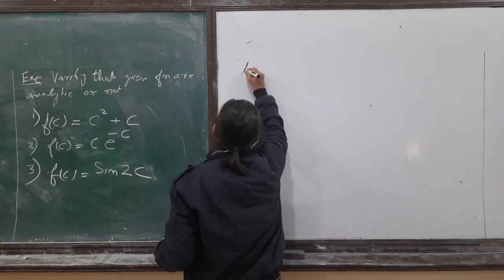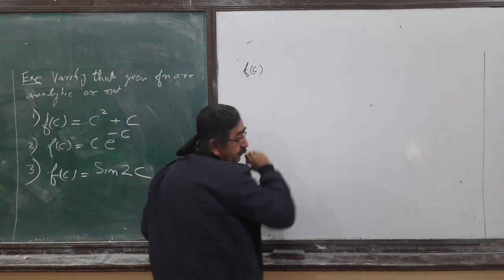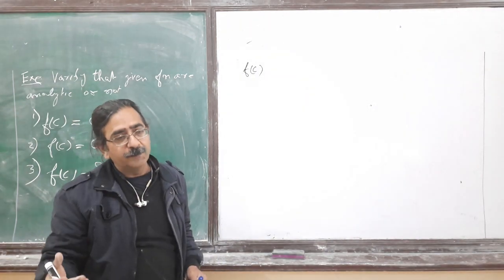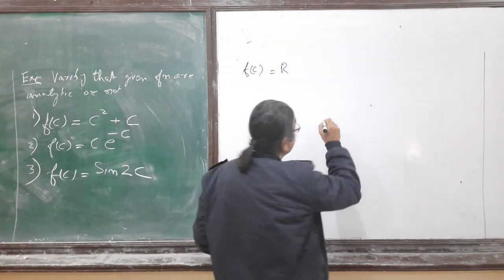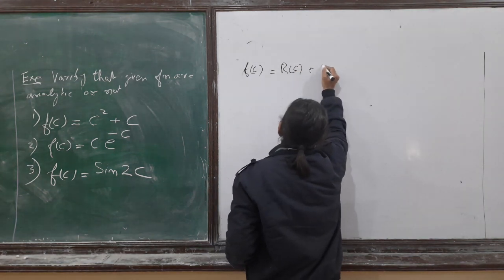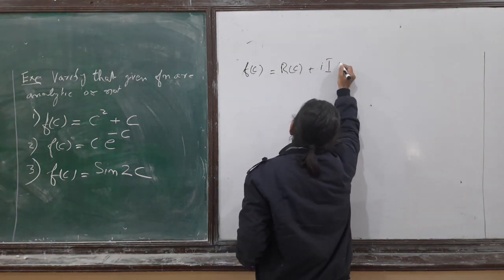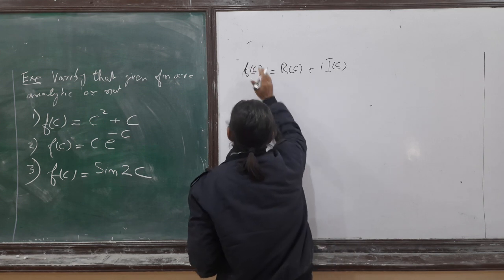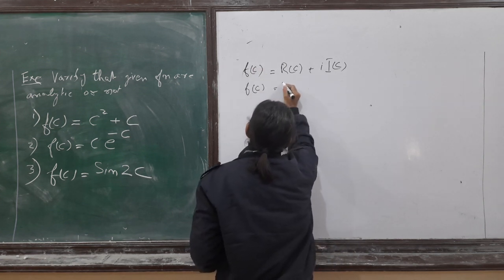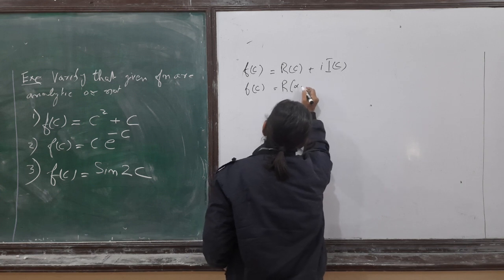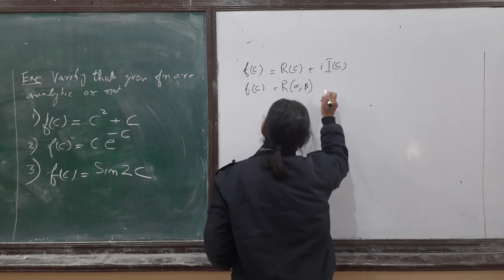Every function f(c), whatever the complex function, may be written as a real part plus imaginary part of c, or you may say that f(c) is a function of alpha, beta.